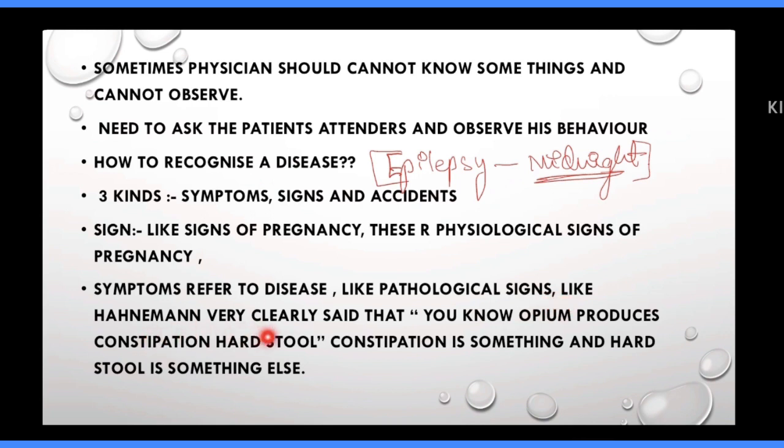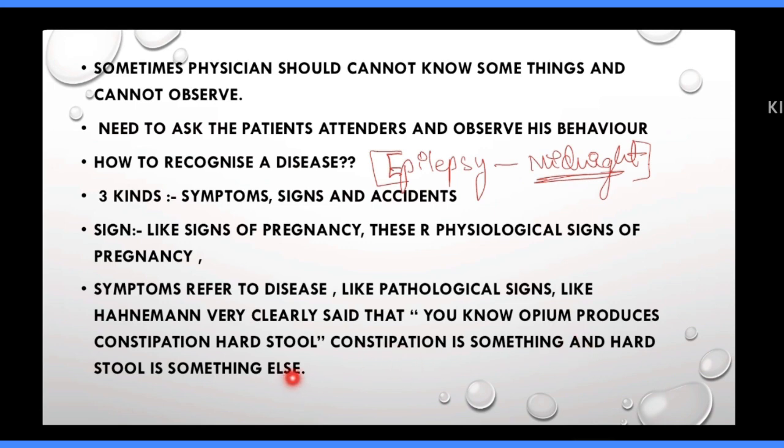Hahnemann very clearly said that opium produces constipation, hard stools, or constipated hard stools. So constipation is something and hard stool is something else. You need to understand what is constipation and what is hard stool.